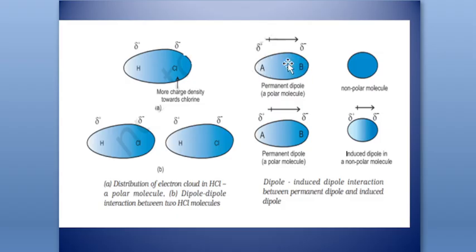In the second case, if a molecule AB is a polar molecule, and a non-polar molecule is adjacent to the polar molecule, then there will be some induction of dipole, which is called induced dipole. So here the interaction will be dipole induced dipole interaction between a permanent dipole and an induced dipole. This will also affect the physical state of matter.